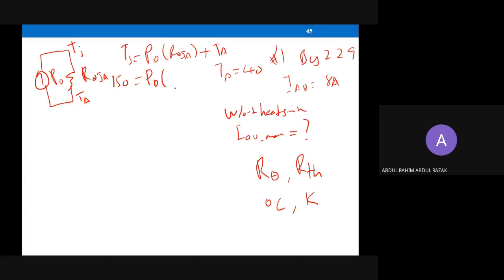So R thermal JA, the thermal resistance from junction to ambient, you can see from the data sheet is 60. So you will get your PD as 150 minus 40, divided by 60. How much do you get? 1.83, is it?